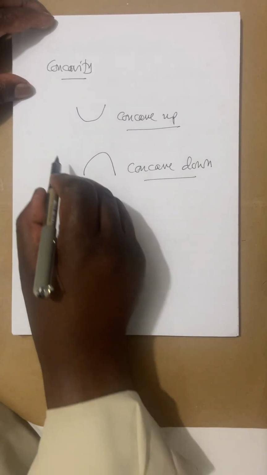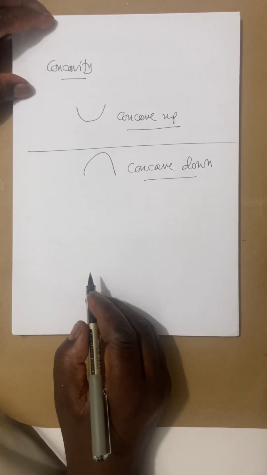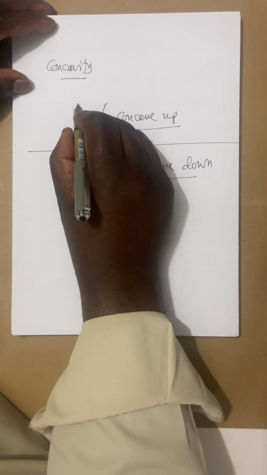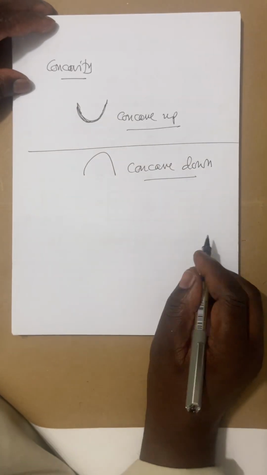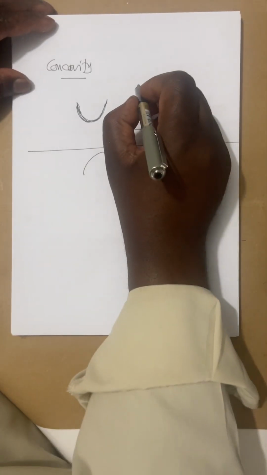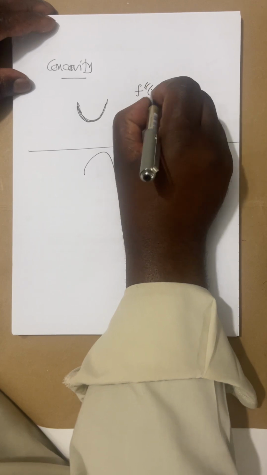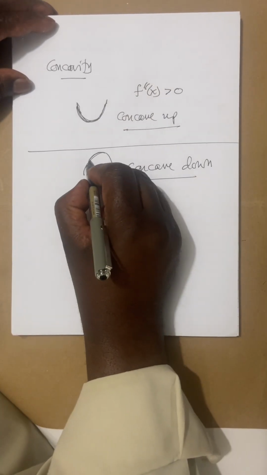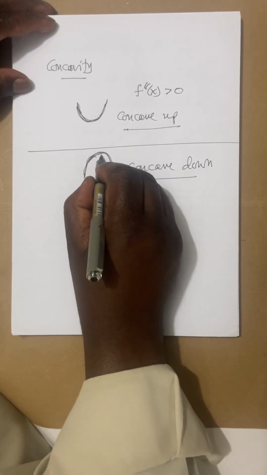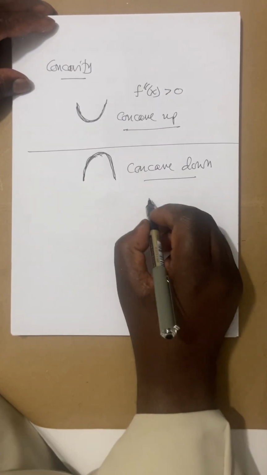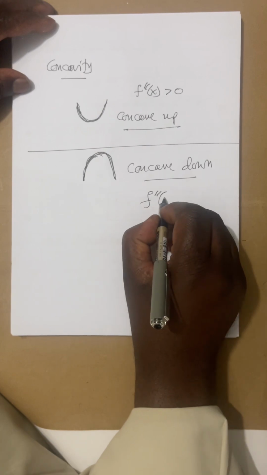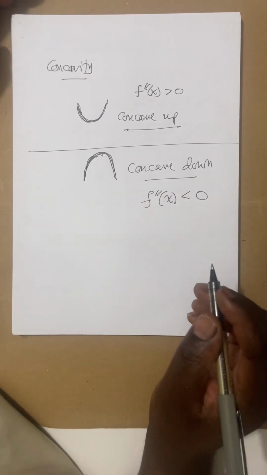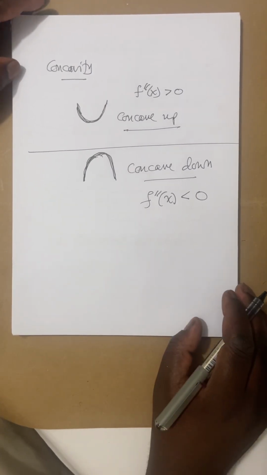And please take note of this. I'm going to put a line there like so. Please take note of this. This one here, concave up, the condition for a cubic function is that the second derivative must be positive. For concave down, the condition for that is that the second derivative must be negative. Of course, in the next video, we'll talk about the inflection point, right?